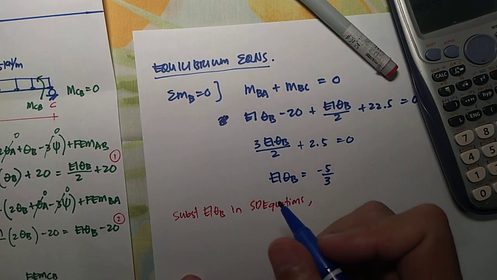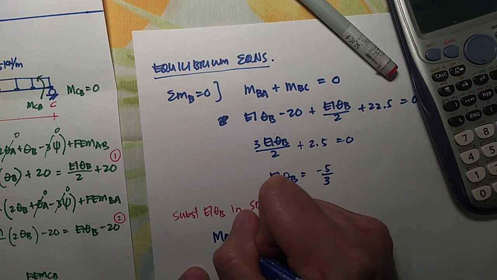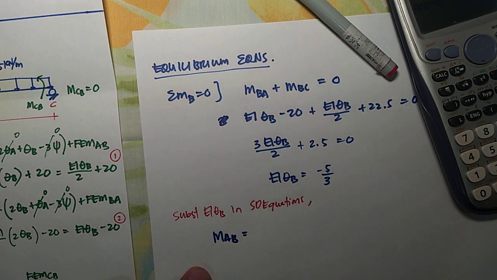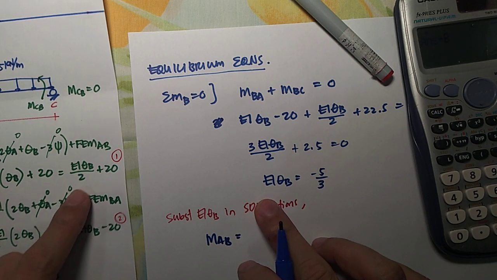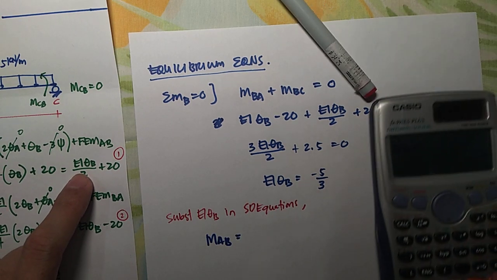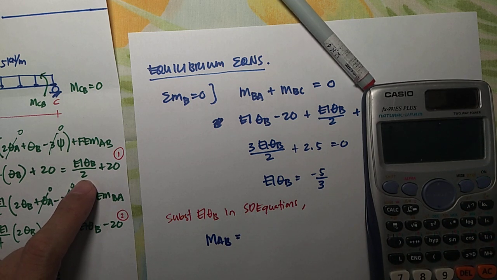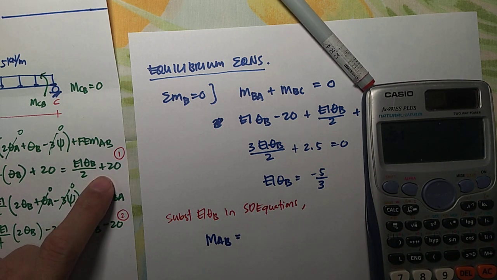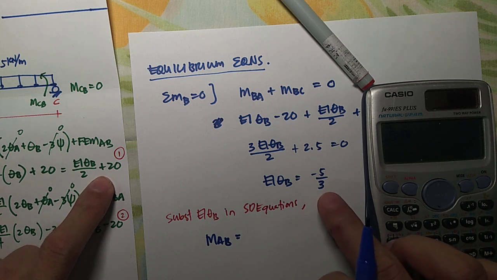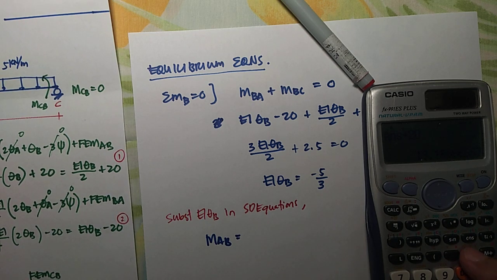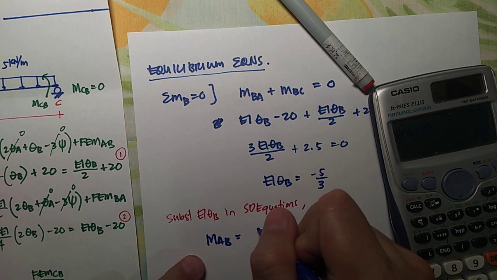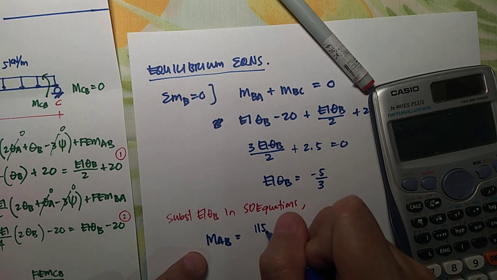MAB, or MAB, substituting EI theta B, this one. So that would be 1 half of negative 5 over 3 plus 2 is equal to this one, 115 over 6.